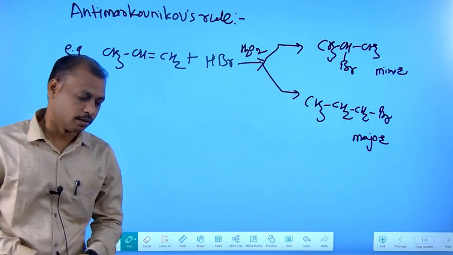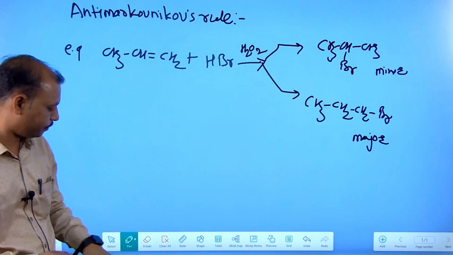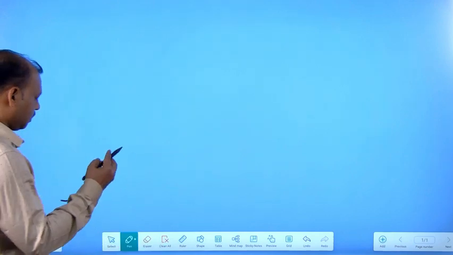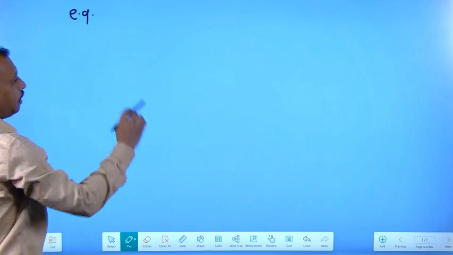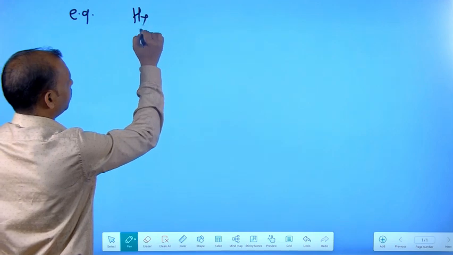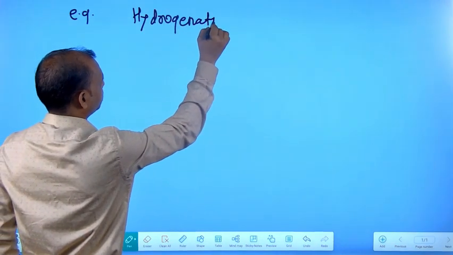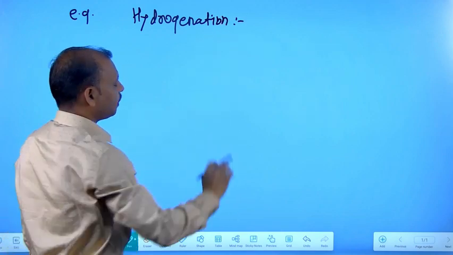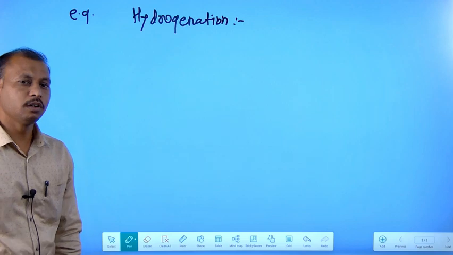We have to see some electrophilic addition reaction examples. The first example of electrophilic addition reaction is hydrogenation. Hydrogenation reaction means addition of hydrogen across the carbon-carbon double bond.